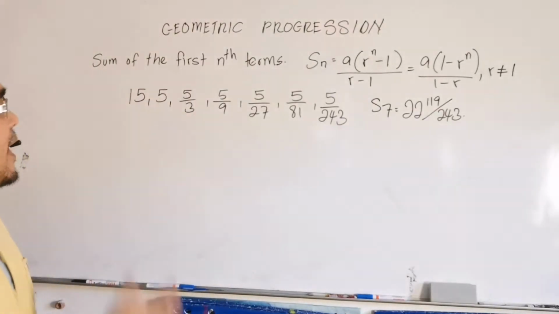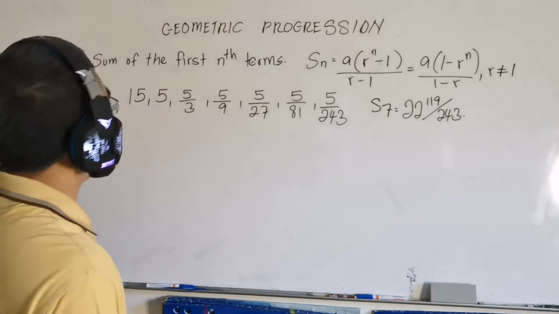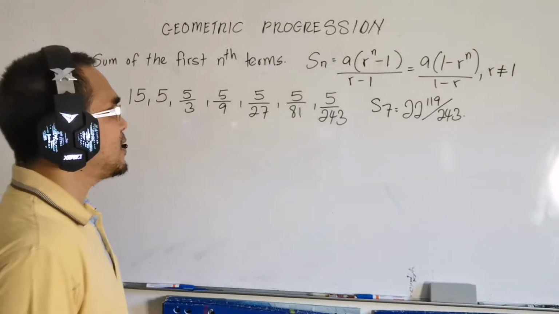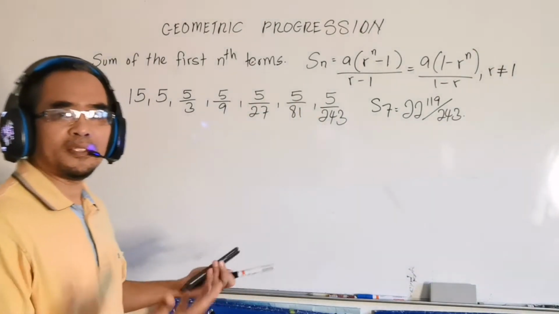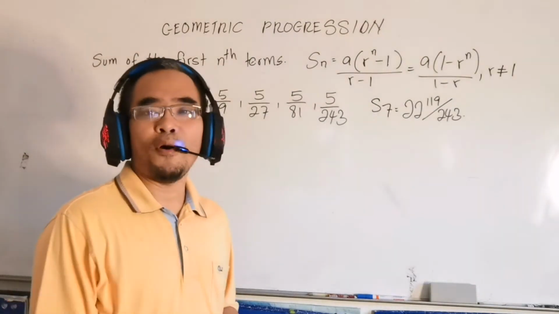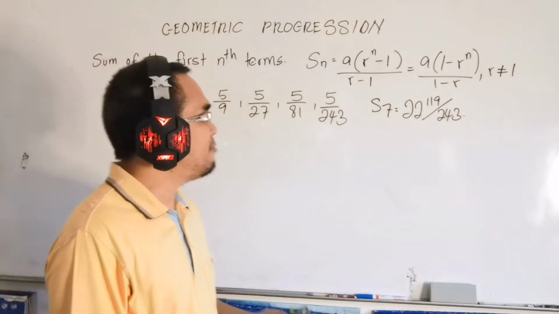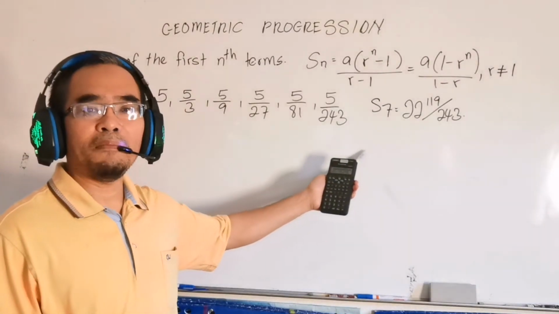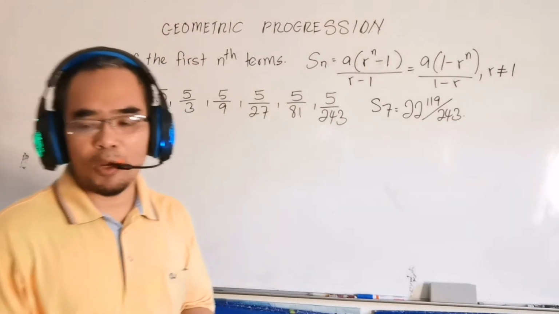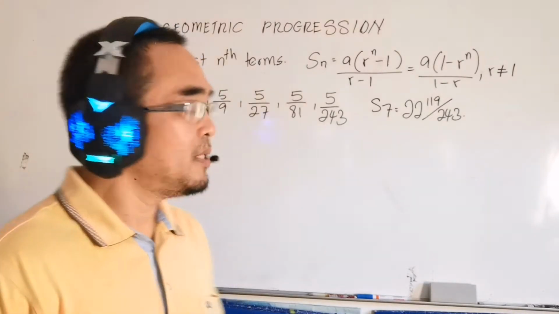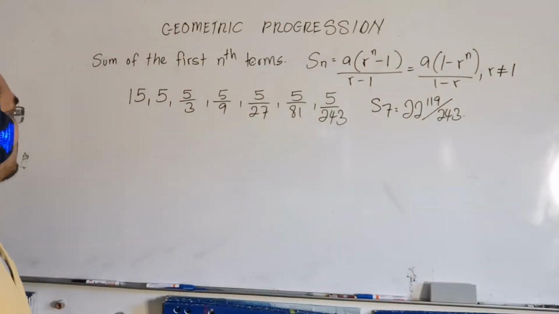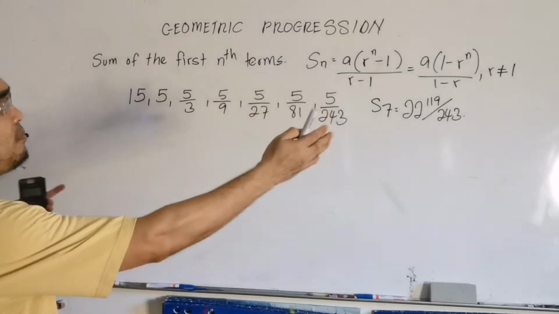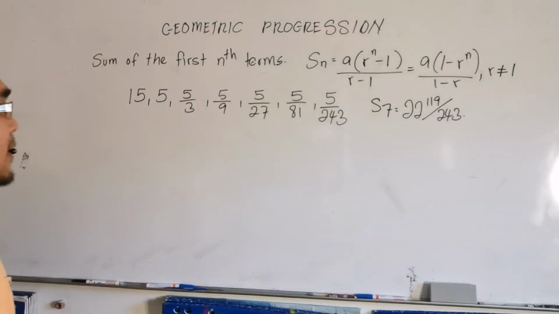Now let us use the formula, because this manual method is only suitable for an experiment. If we were talking about maybe 50 terms, it is impossible for us to write it down and calculate manually.